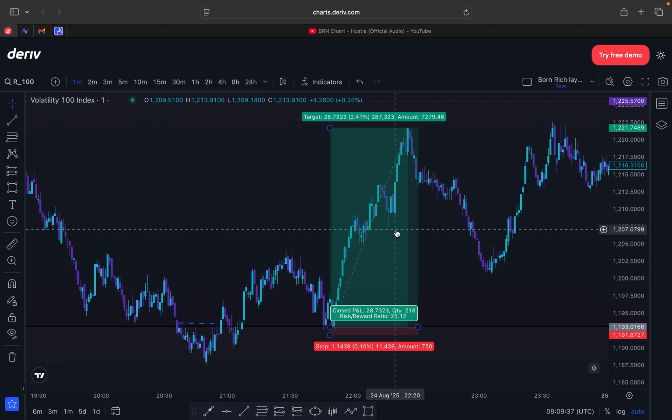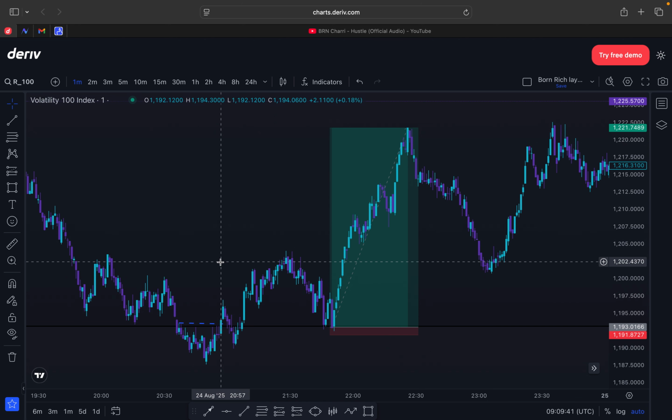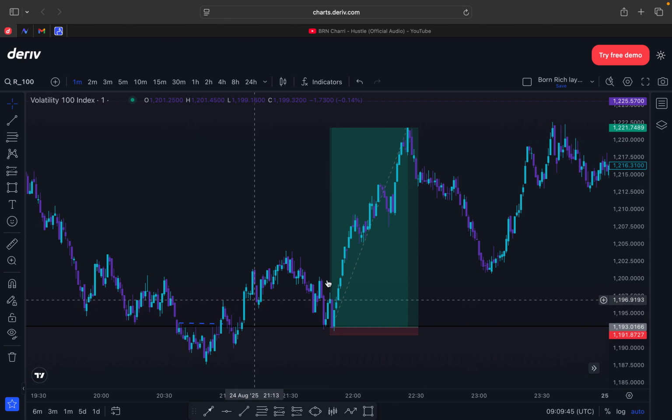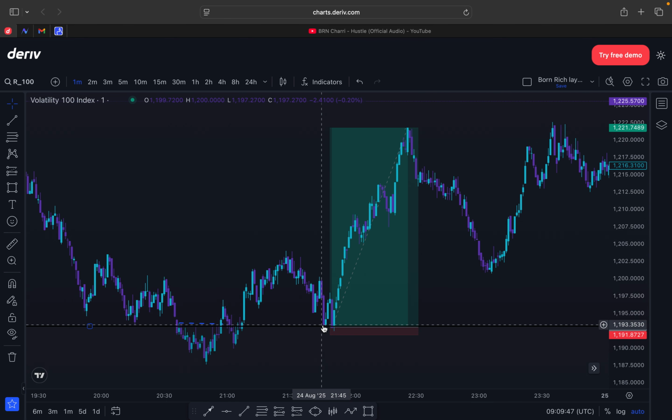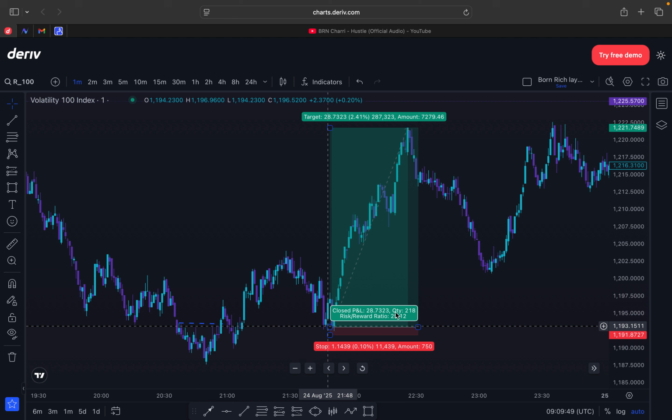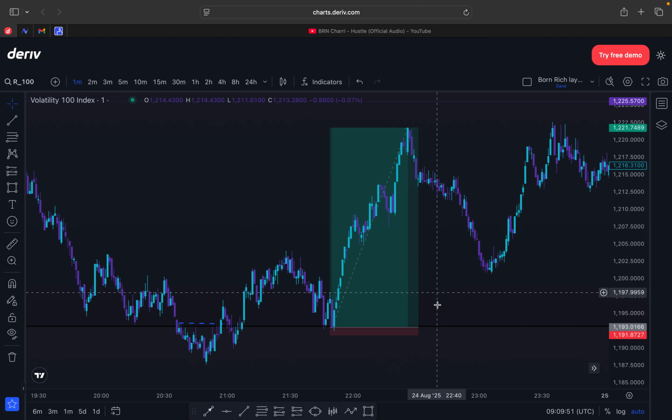This is a 1 to 25 risk to reward just off of using my strategy. Break of structure, you wait for the retest of the structure, and boom, you could literally make $25 with $1 off of this strategy. You don't even need to risk a lot anymore, bro. This is how I flip accounts.